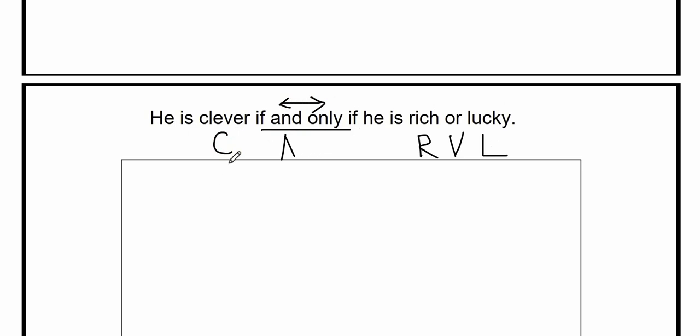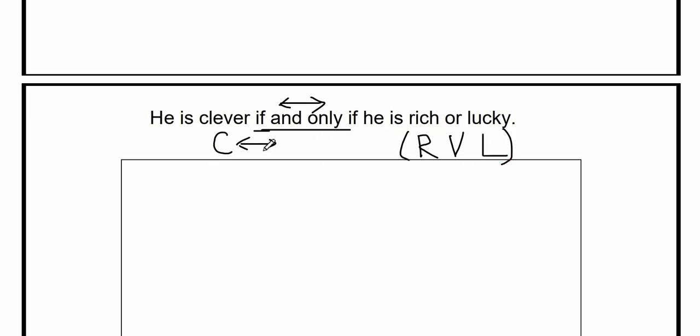Okay, so we state he is clever if and only if. So there's no and symbol here. Instead of an and symbol, the entire thing will be one bidirectional arrow. He is rich or lucky.